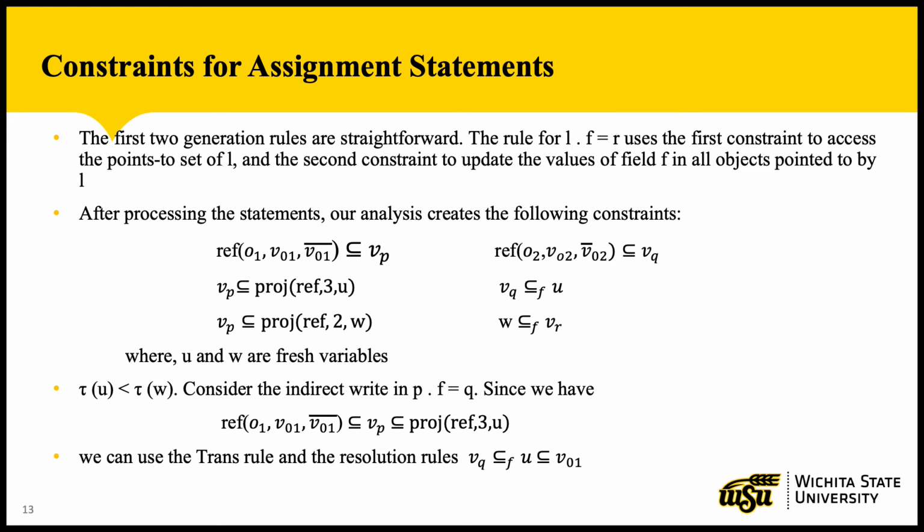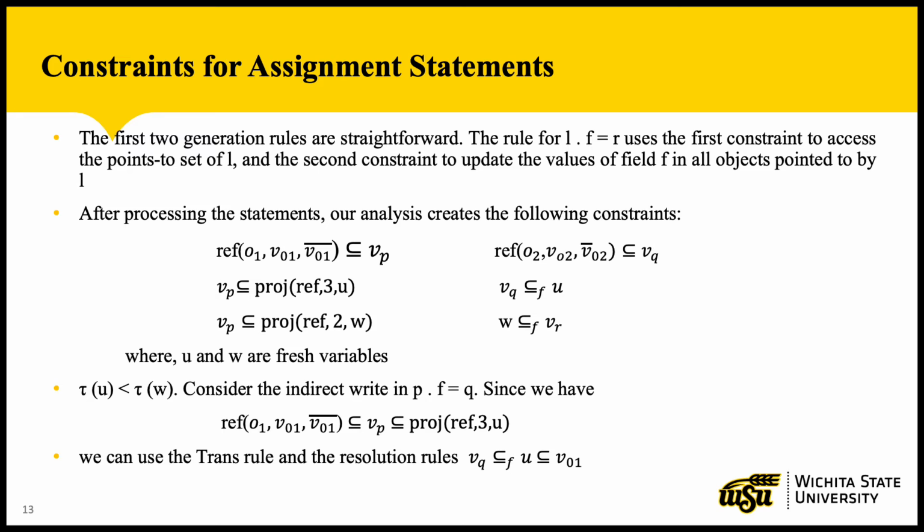Moving on to the next slide, constraints for assignment statements. The first two generation rules are straightforward. The rule for l.f = r uses the first constraint to access the points-to set of l, and the second constraint to update the values of field f in all objects pointed to by l. After processing the statements, our analysis creates the following constraints, which are shown here, where u and w are fresh variables.